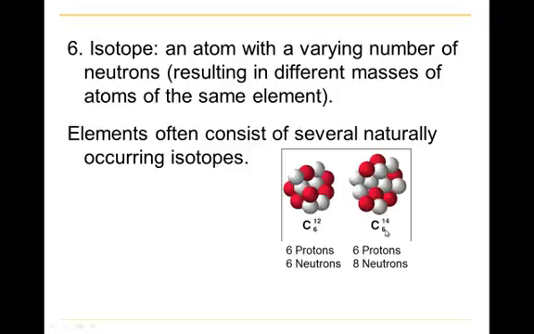That's how many protons it has, because these are both carbon atoms, both carbon isotopes. They have the same number of protons, but what they vary in is the number of neutrons. And notice the one on the left is carbon 12, and the 12 refers to the atomic mass, and so that's 6 protons and 6 neutrons adding up to 12. In carbon 14, you have 6 protons and 8 neutrons adding up to 14, carbon 14. And so that is the difference.